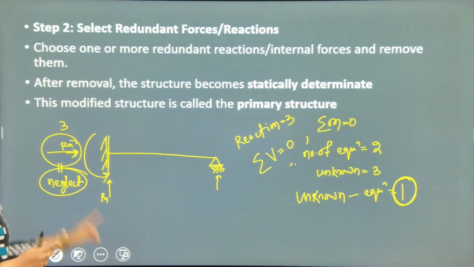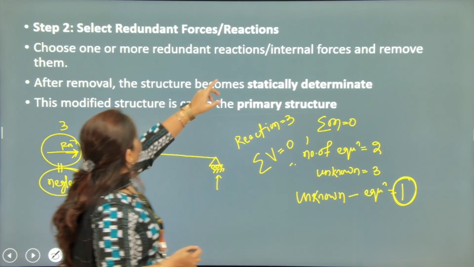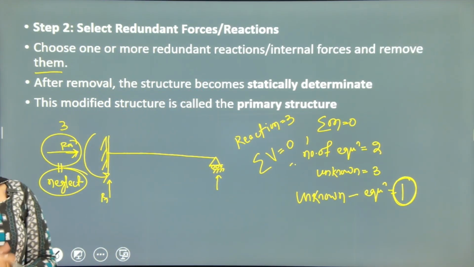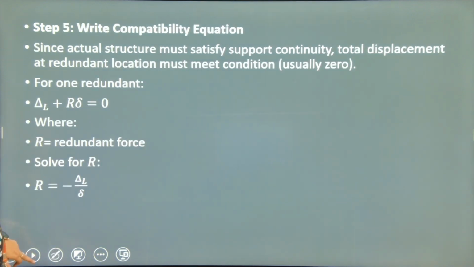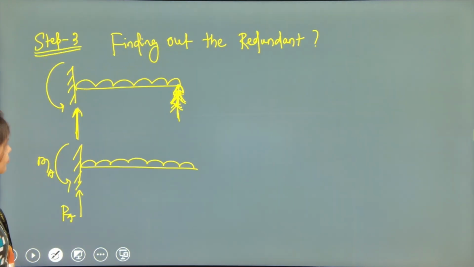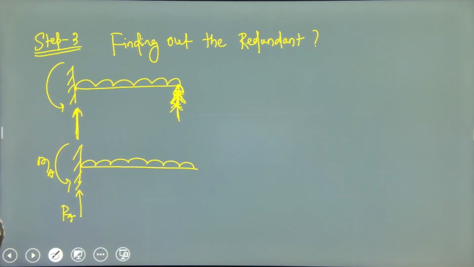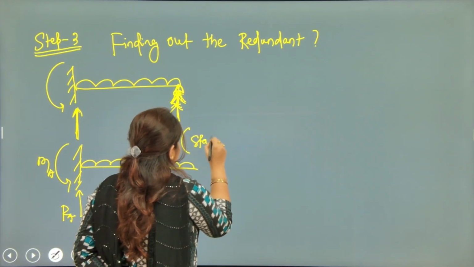As we need one redundant, we have cancelled the roller support and removed it. After removal, the structure becomes statically determinate. Let's check: here you can see 2 reactions are there, so the structure is statically determinate.